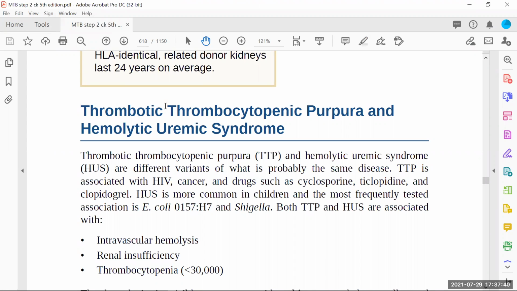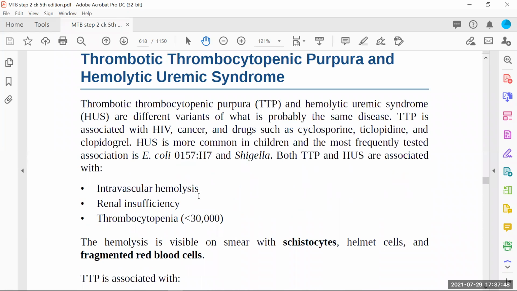What is happening here? In both of these things, we will see there are certain associations. There will be too much intravascular hemolysis. The blood is actually going to lyse. There will be hemolysis, the renal function is going to be compromised, and there will be platelet count deficiency. You will see the platelets less than 30,000.